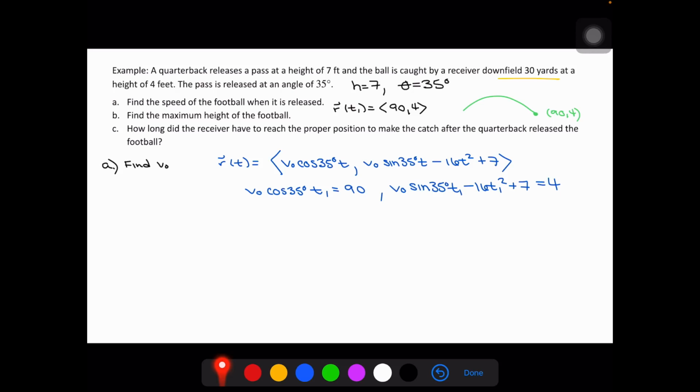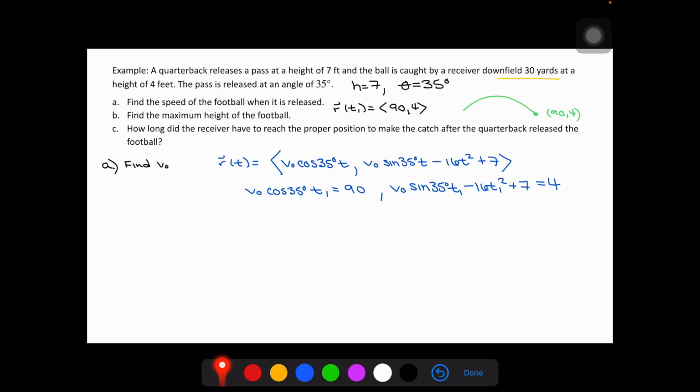And so based on the fact that the receiver caught it at the position 90, 4, we know that at this unknown time t1, so when t is t1, the x component is going to equal 90, and when t is t1, the y component is going to equal 4.